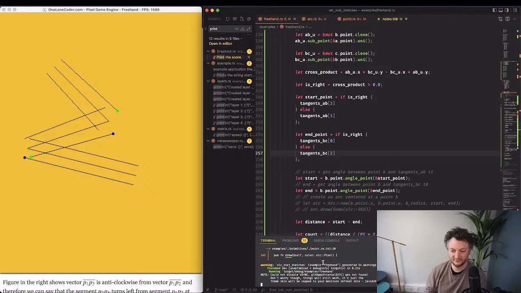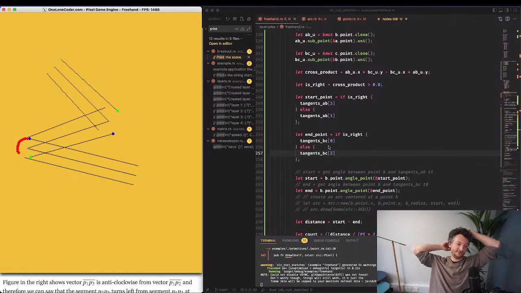BC2? Yeah, okay. So that's right. It's strange that the arc is not actually completing like that. You would expect it to go from here all the way to here.